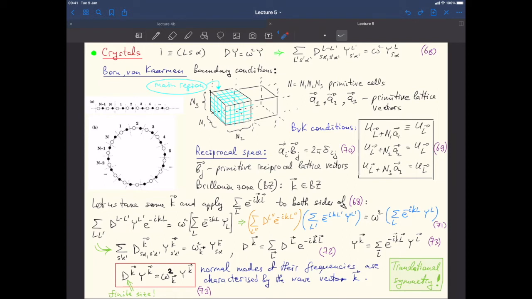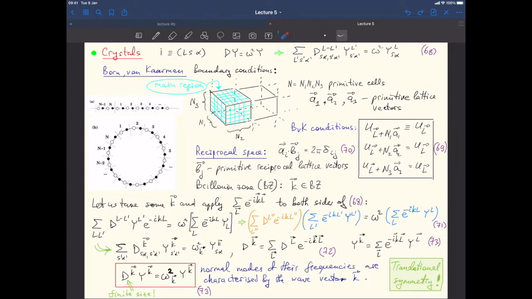Because in this case the matrix D is of infinite dimension, a matrix of two indices I and J, and we have an infinite periodic crystal, the vector Y of displacements is also an infinite vector. We have to set up this equation like that, and of course it's very difficult to solve because of its dimension.